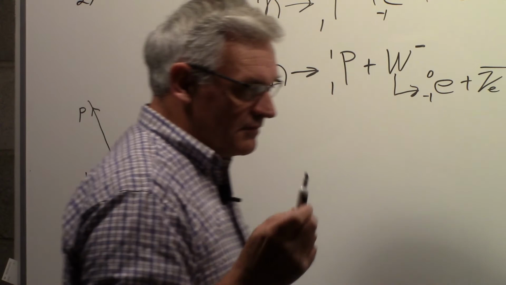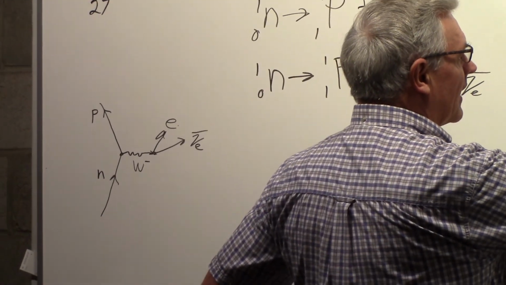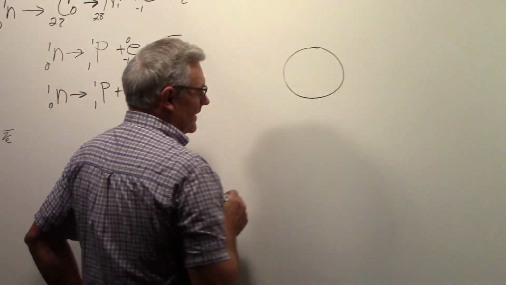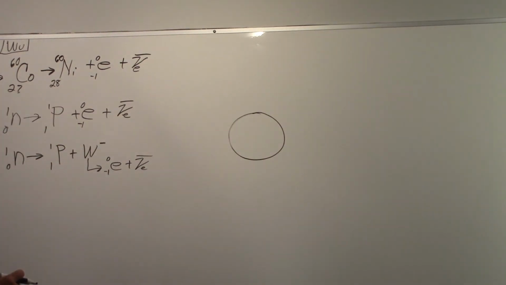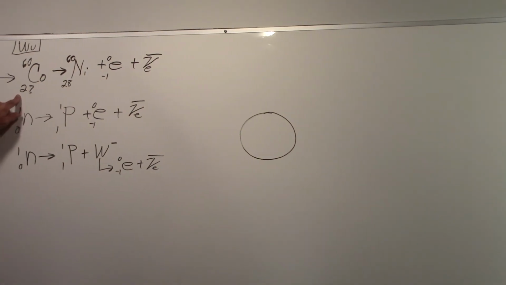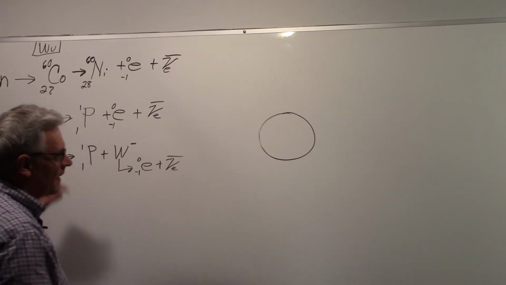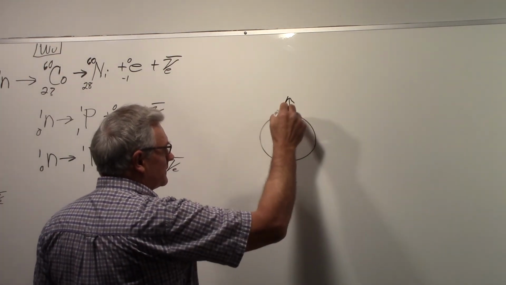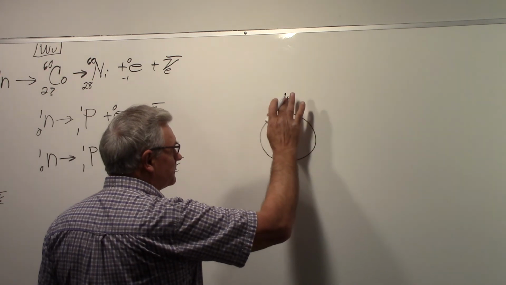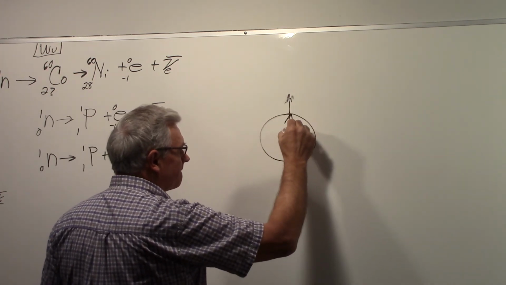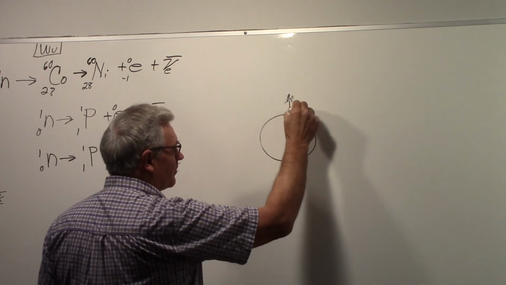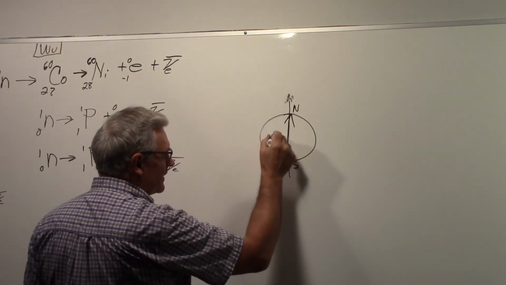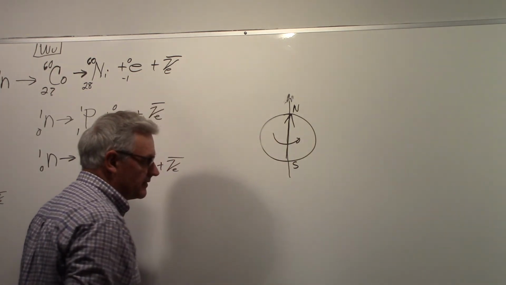But here is the real thing to look at. Let's say that's the nucleus of cobalt 60. Let's say that it has a magnetic moment with a north pole here and a south pole here, and it's rotating in this direction.